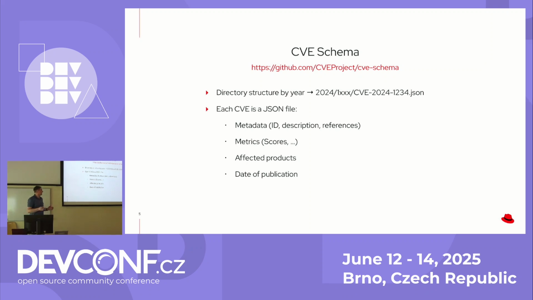And as I said, the schema represents basically this original CVE record, which contains basic metadata: description, references, metrics, and products that we know at this moment are affected by the vulnerability.